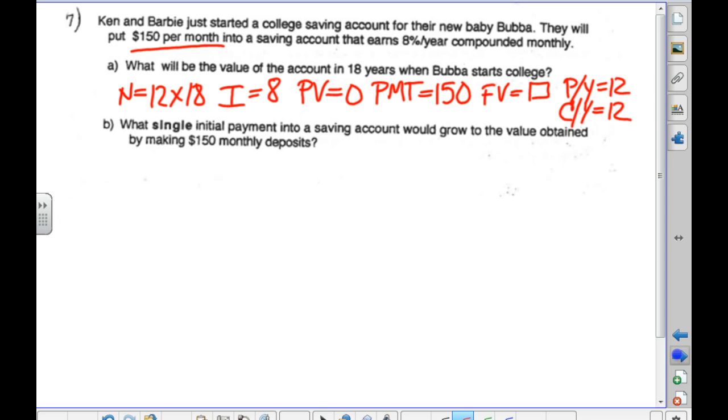Do you remember how to get there? Yeah. Go apps, finance, TVM solver. Did I get the letters in the right order this time? Type this all in, then on future value, when you put your cursor there, you go alpha, enter, right? Yep. What did you get?